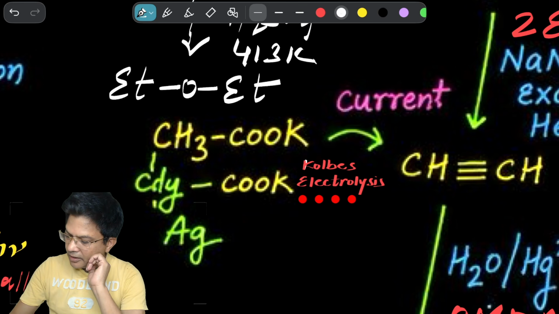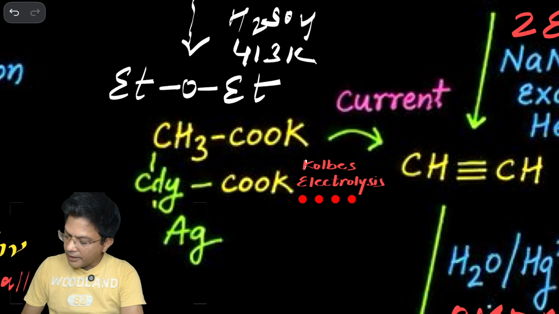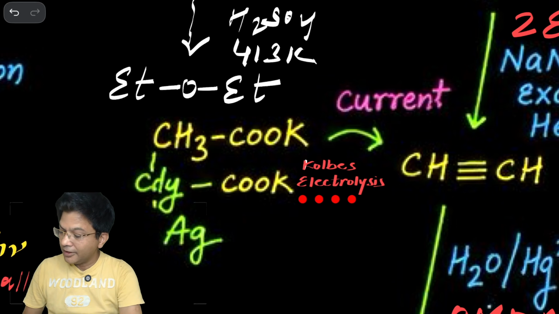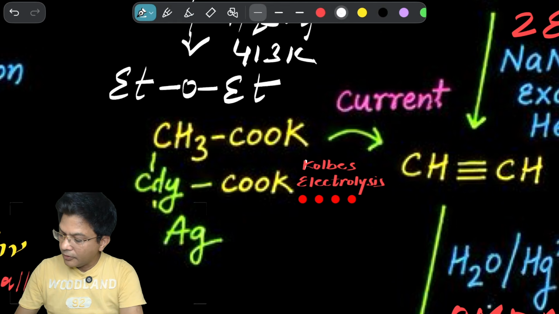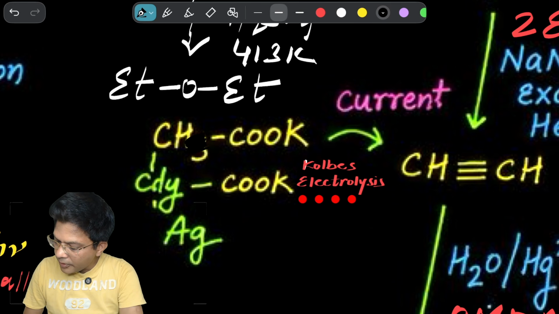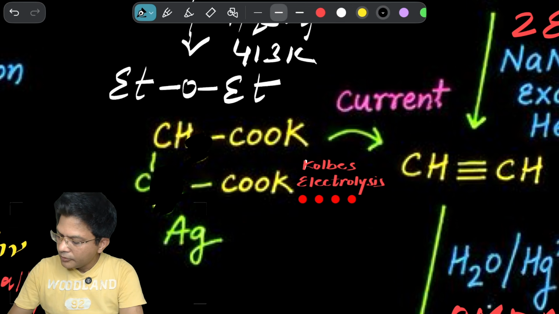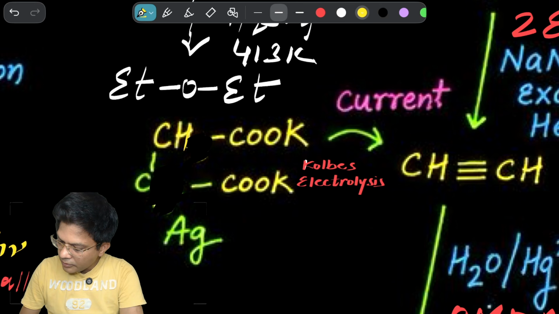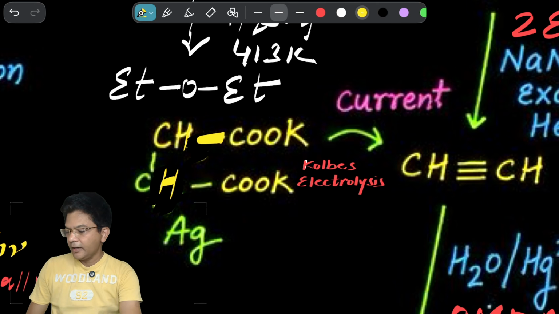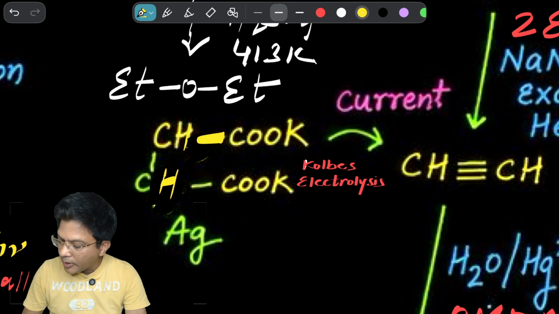Once again, if you provide current, something is written over here, let me first rub it. It's wrong, it should be, let me write it down, CHCOOK, with a double bond here.